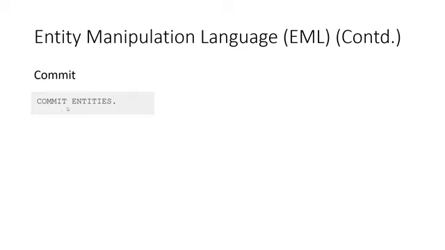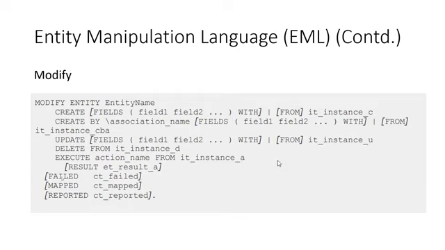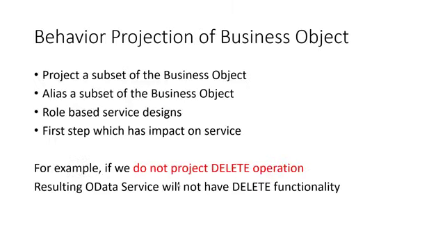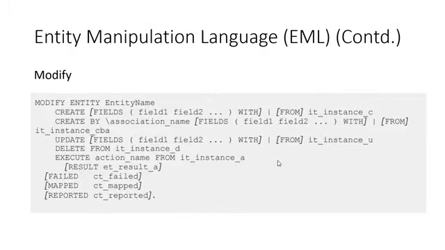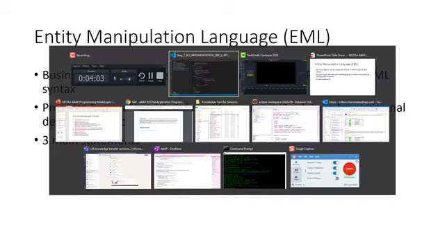With commit, it's a little different, so check for sy-subrc in this case. But in every other case, in read and modify, if the structure is empty, then it is successful. And that's what we will use to implement the custom logic for these actions.